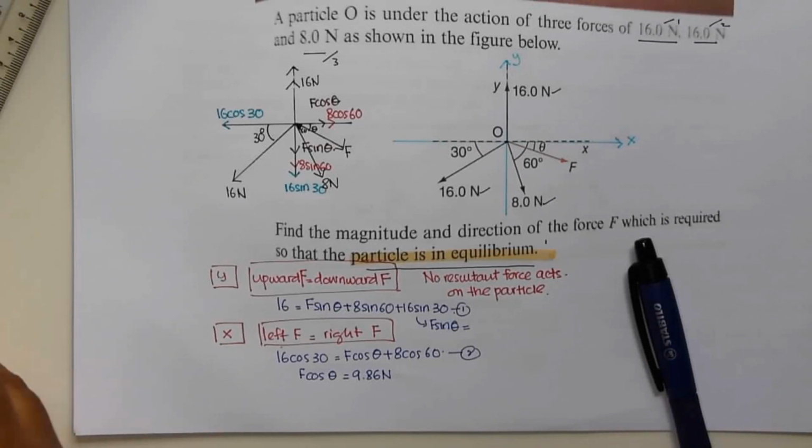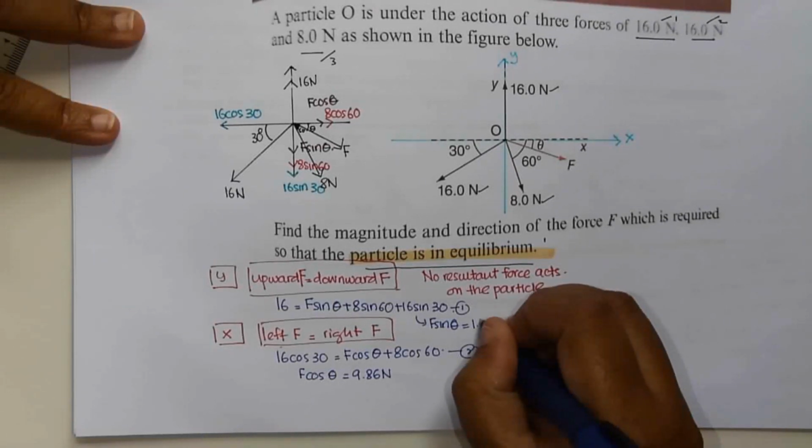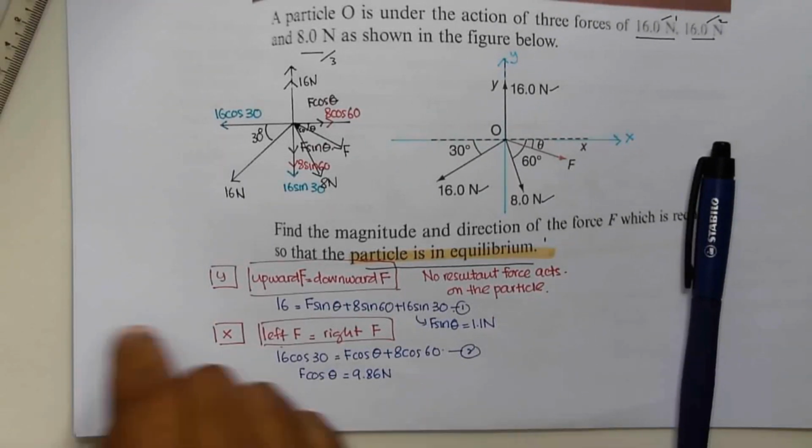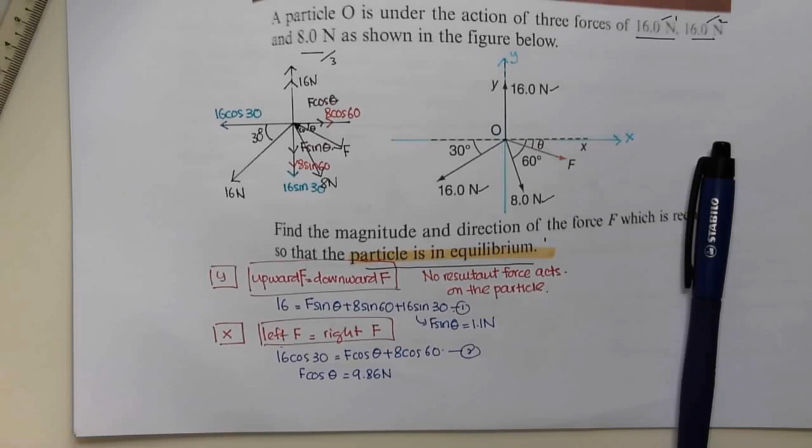Okay, 16 sine 30. What did I get? I get 1.1 Newton. Let me check. 8 sine 60 is 6.92, plus 16 sine 30, so I get 14.928, minus 16.